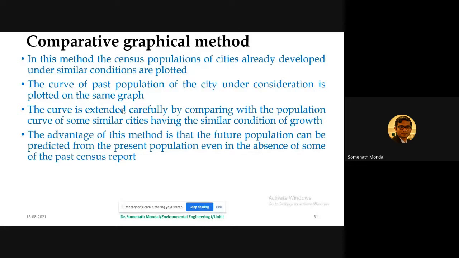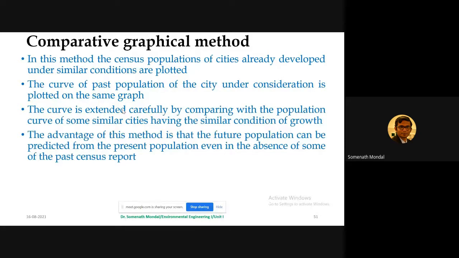The main advantage of this method is that the future population can be predicted from the present population even in the absence of some of the past census reports. In previous forecasting methods, we had to obtain the population census reports of previous decades, not only one or two, but at least 4 to 5 census reports.